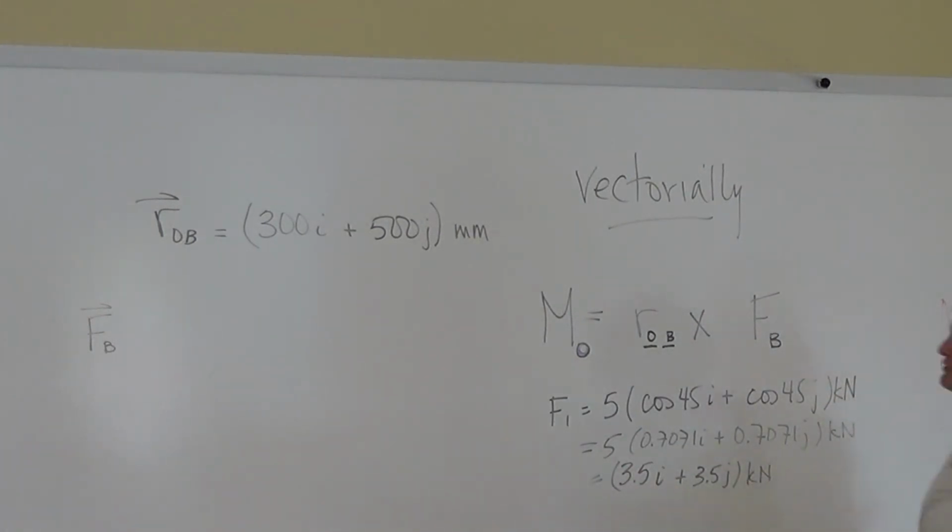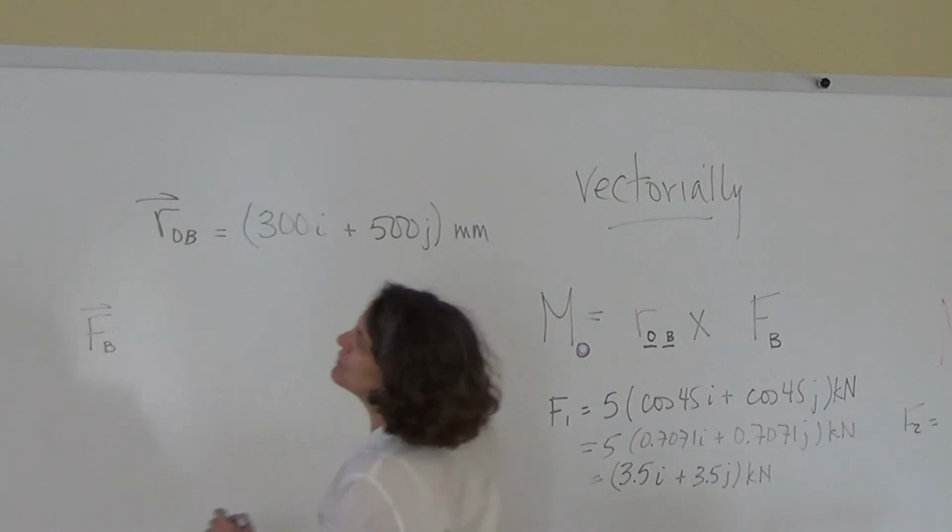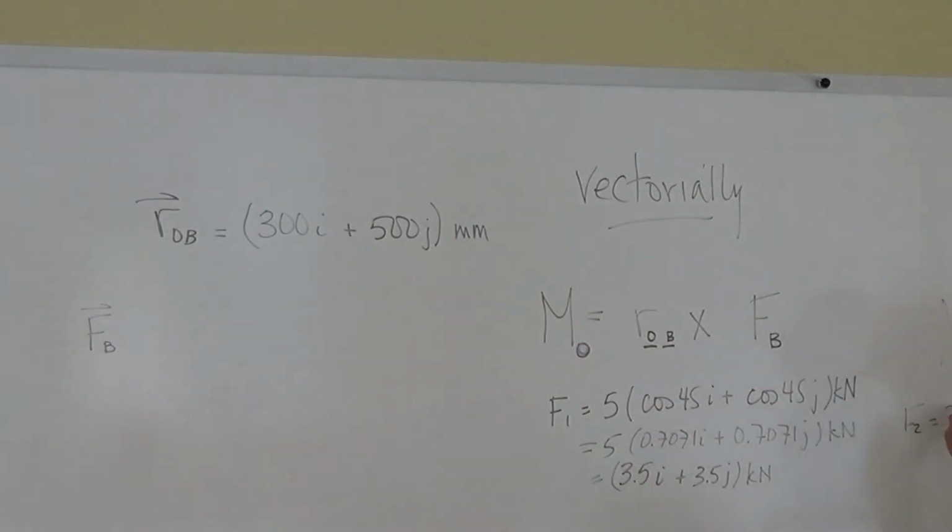And what did we get for F2? Let's just write it over here. F2 is equal to 3 kilonewtons, and it's cosine 45 again, right? Plus, is it cosine 135?